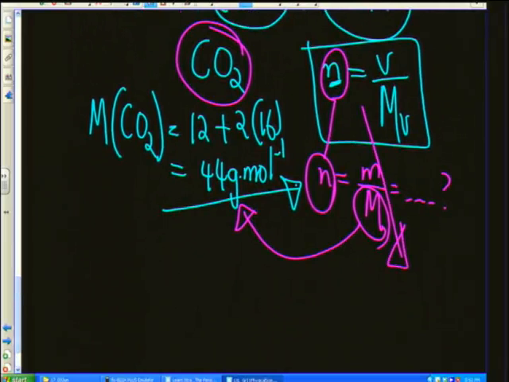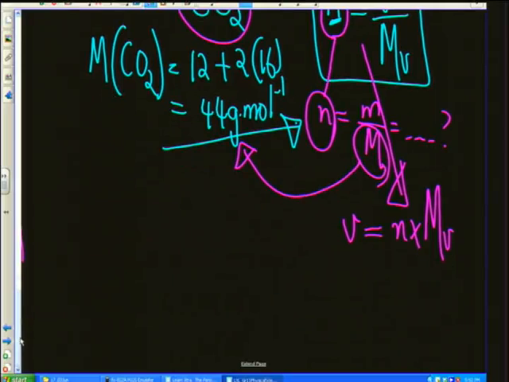the volume, which is what you are looking for, will be equal to number of moles times the molar volume, which of course we can put there immediately because we know it. Okay? We know that the molar volume is 22.4.